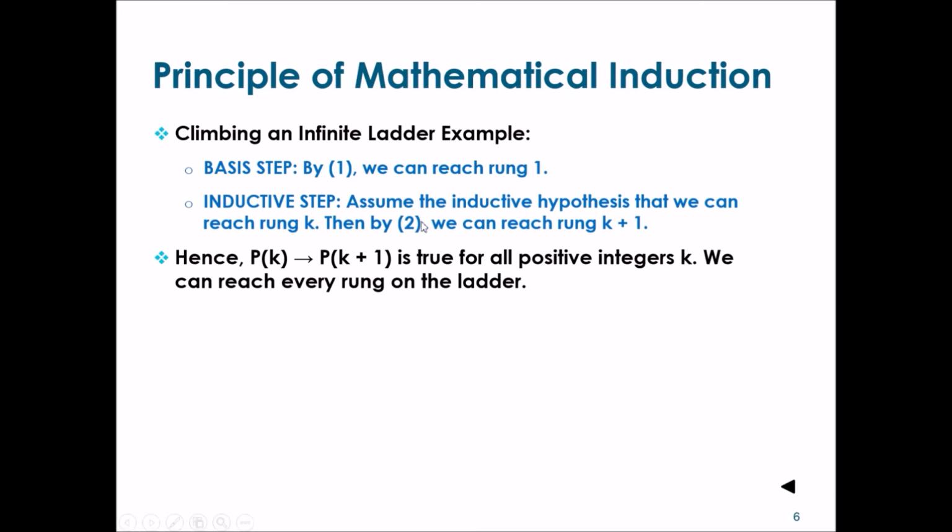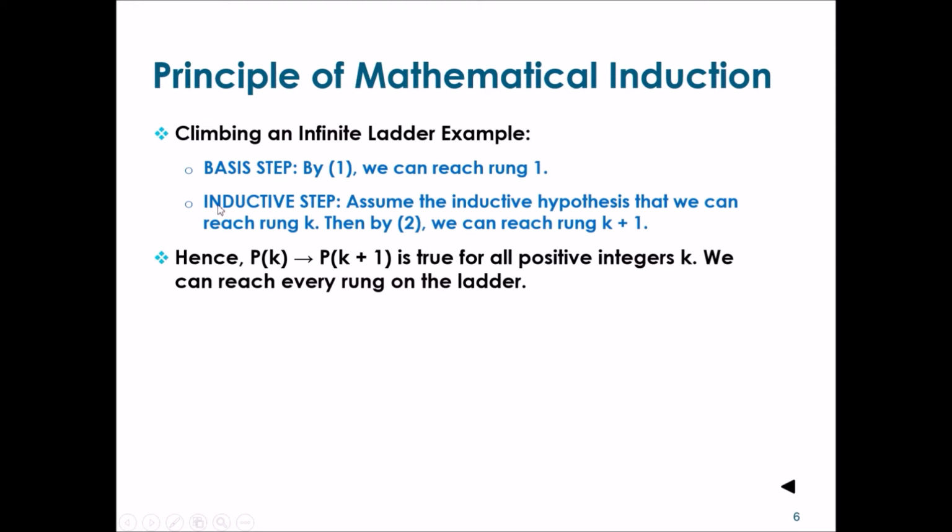And this is how we can compare the principle of mathematical induction and climbing the ladder. The basis step of climbing an infinite ladder is that we can reach rung 1, and the inductive step in this case is: assume that we can reach rung k, and this implies we can reach rung k plus 1.